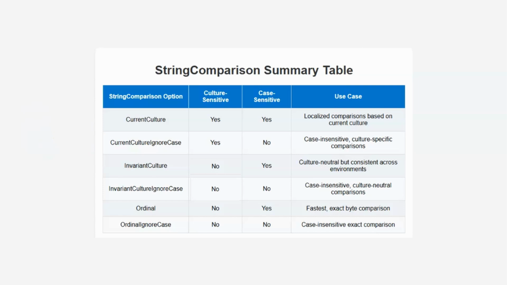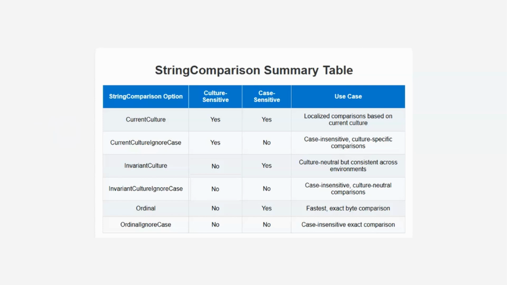The next option is the current culture ignore case, which is the same as the current culture, but the option is case insensitive. Then we get the invariant culture, and this option compares the strings using the culture sensitive rules, but based on the invariant culture, which is culture neutral and consistent across environments. It is also case sensitive.